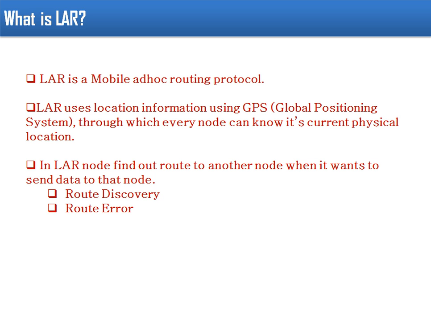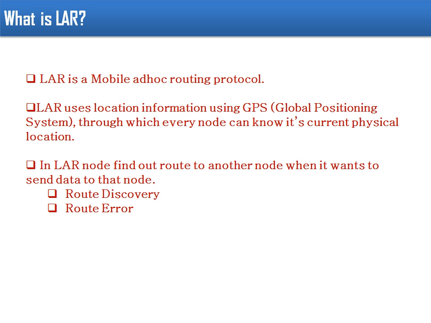This routing has two phases. One is route discovery, through which route request packets are broadcast towards the destination. Once the destination receives a route request message, it will reply by sending a route reply packet.